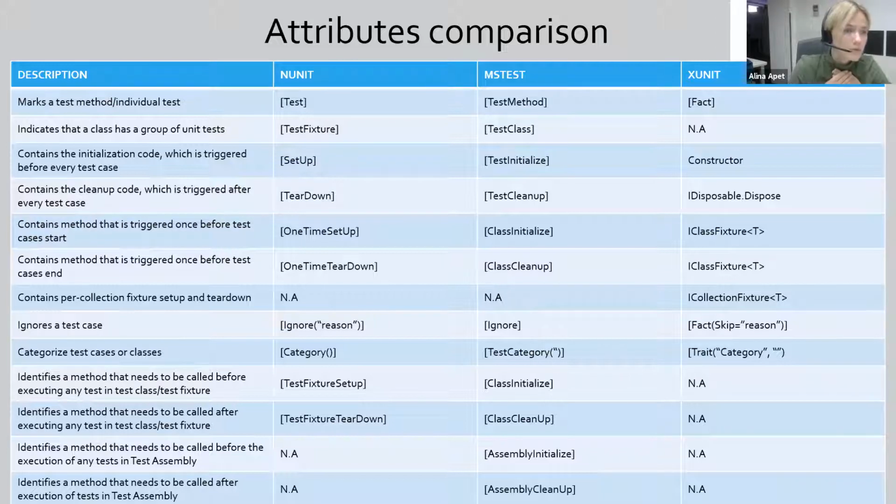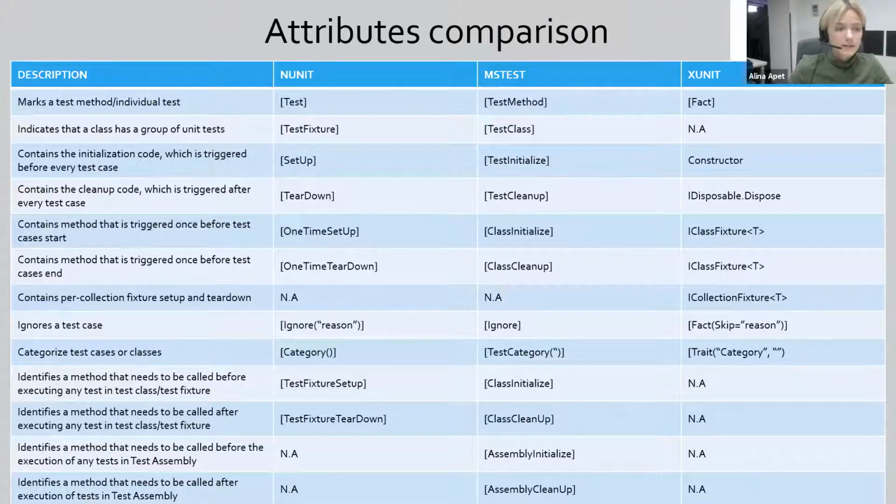And for that purpose, we have one-time setup and one-time teardown. Excuse me, I'm reading the examples for NUnit, and you may just trace the other unit frameworks' attributes. If something is not clear, please ask your questions.